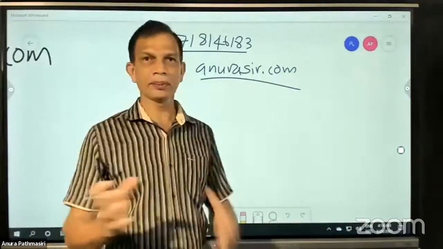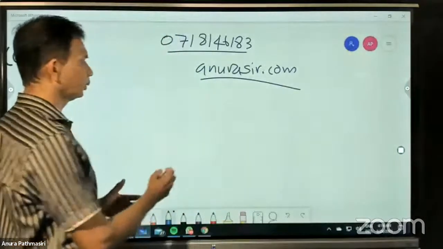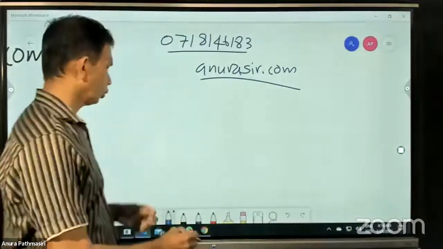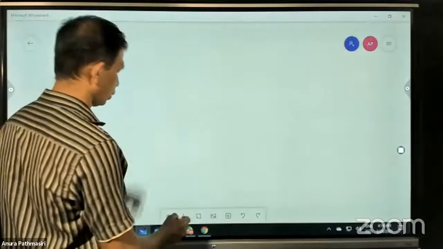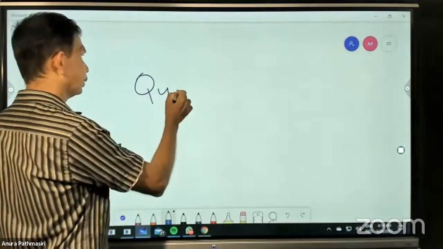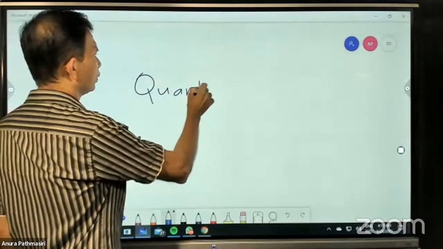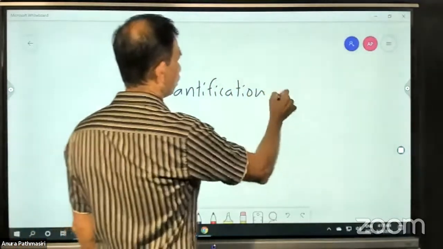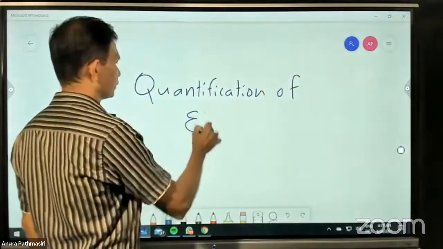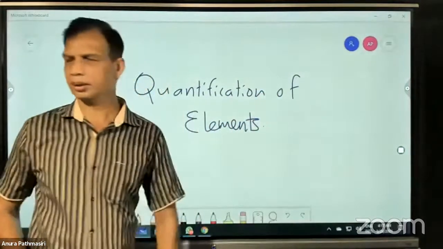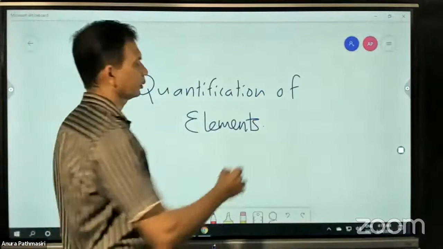So the combination is there, the number and the unit. Quantification of elements and compounds: we are going to deal with the quantity.